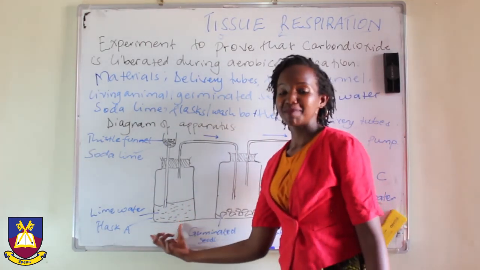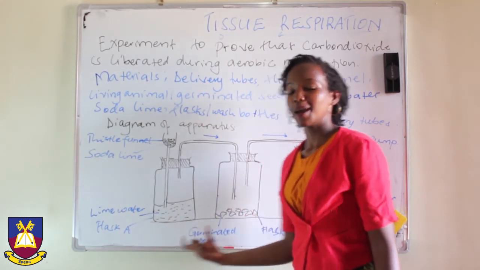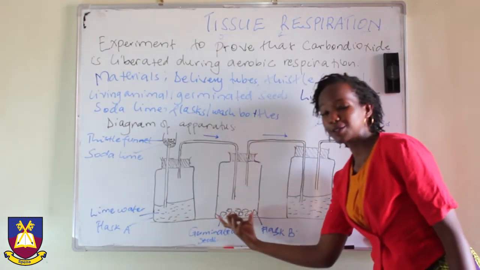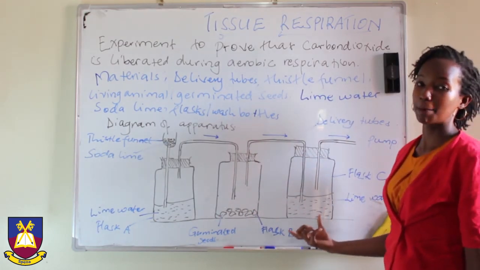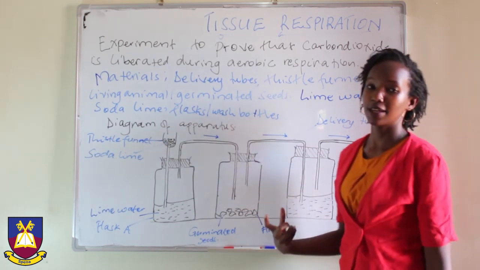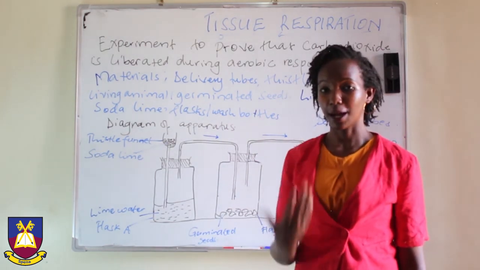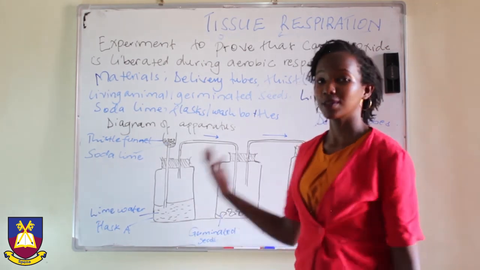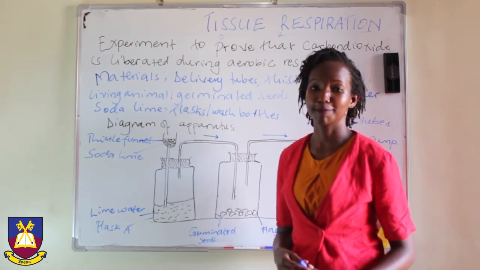Carbon dioxide is absent here, so the lime water remains colorless. But the carbon dioxide produced from respiration here turns the lime water milky. Therefore, we can conclude that respiration liberates carbon dioxide, because we have confirmed its presence using lime water.